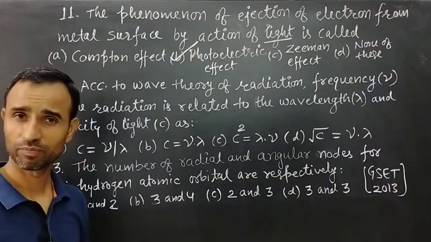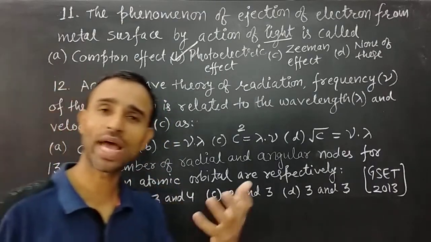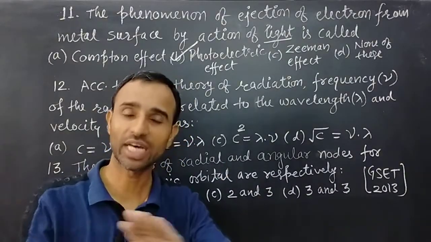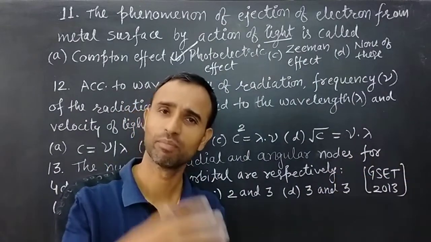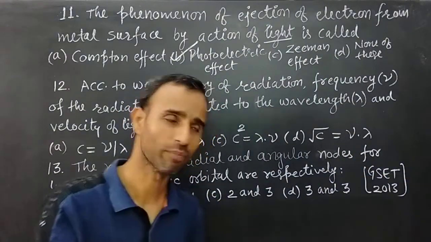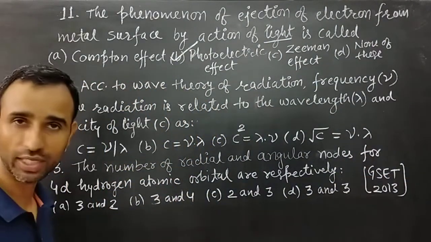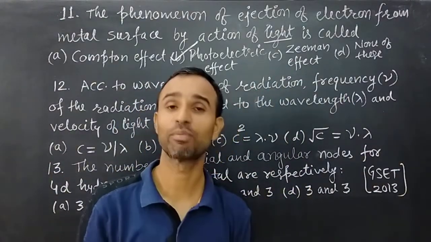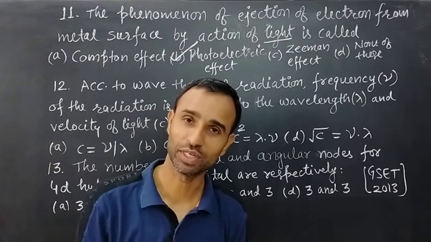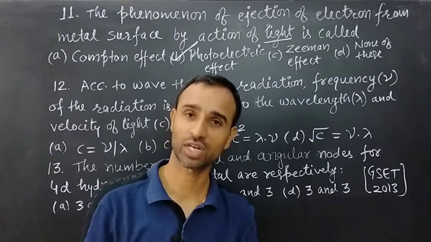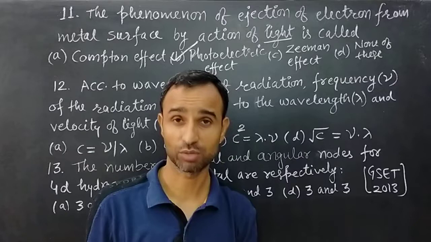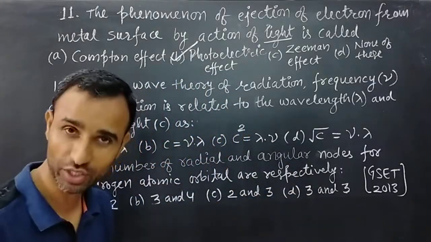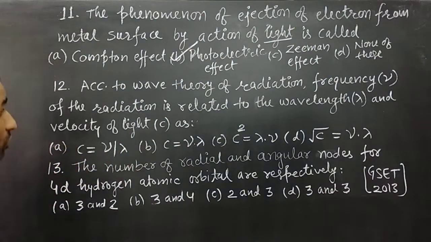Compton effect is the increase in the wavelength of X-rays or gamma rays when they are scattered by some object. What is Zeeman effect? Splitting of spectral lines in the external magnetic field, and splitting of spectral lines in the external electric field is called Stark effect.